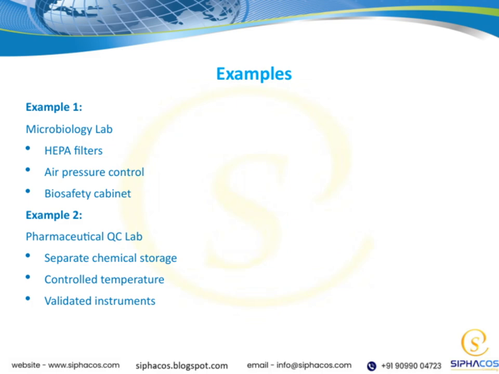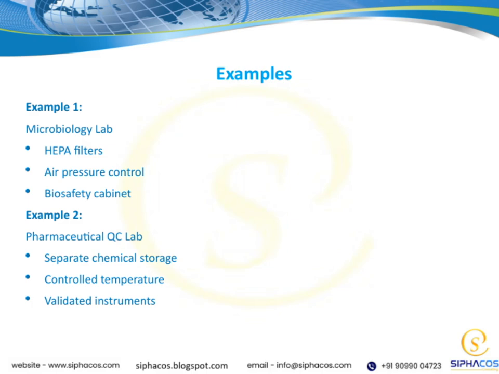Moving on to a pharmaceutical QC lab, we see different but equally important safety measures. Separate chemical storage ensures that incompatible substances don't react dangerously, reducing risk. Controlled temperature is another key factor, as many pharmaceuticals require specific conditions to maintain their stability and efficacy. Validated instruments are also crucial.